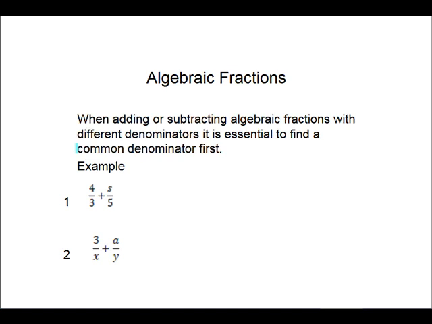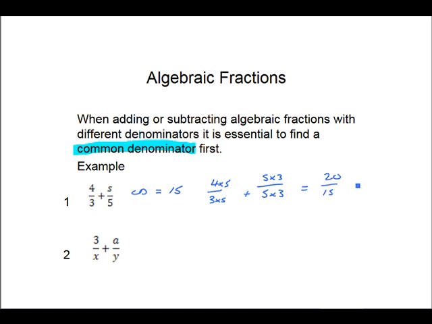So let's look at these ones here. First thing you need to do to combine these ones is to find a common denominator. Just like in operations, we multiply the 3 and the 5 together to get a common denominator. Now we need to get both under 15. The first one, multiply top and bottom by 5, and the second one, multiply top and bottom by 3.